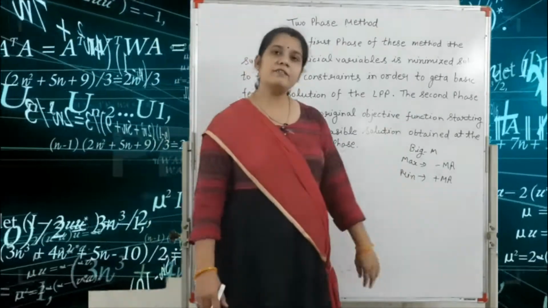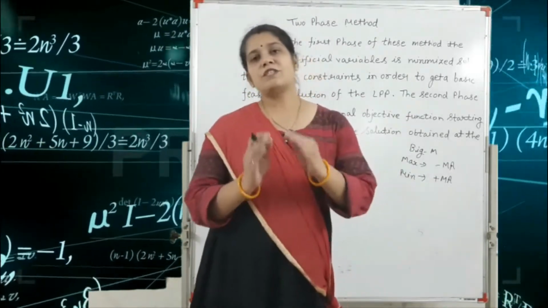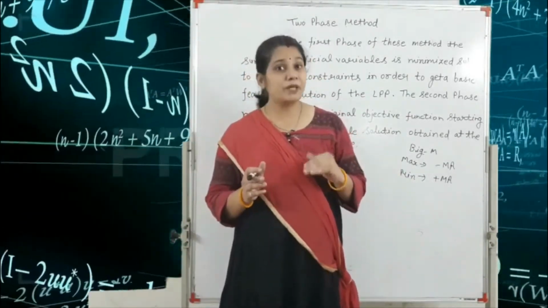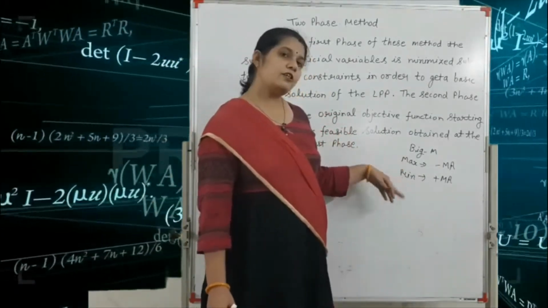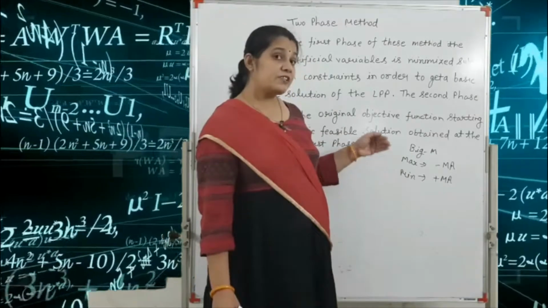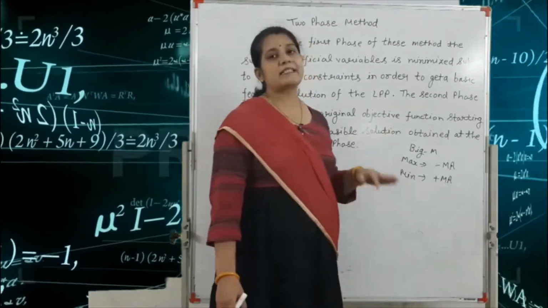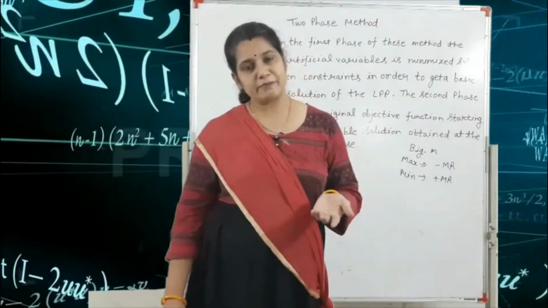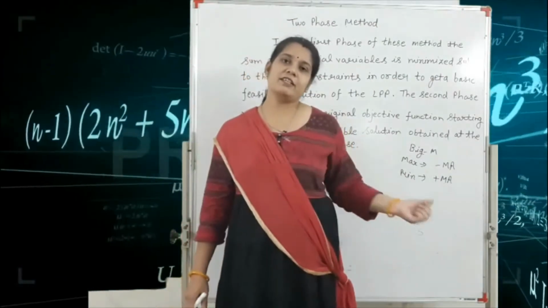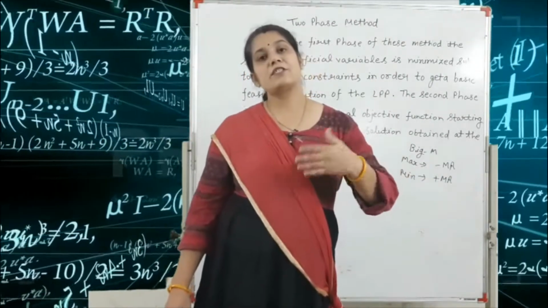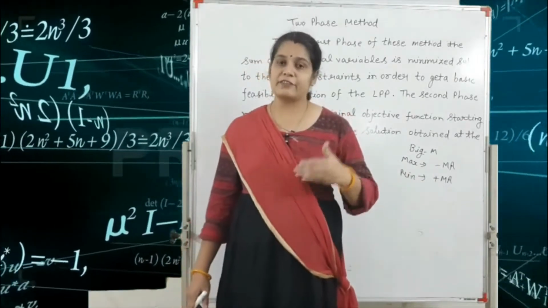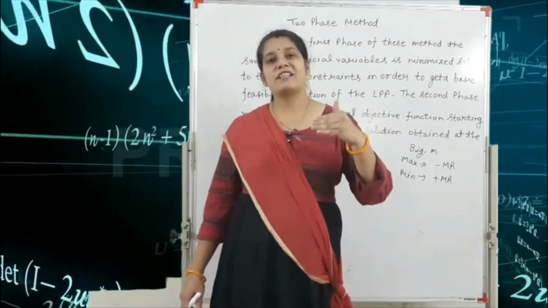If a question is given in minimization form, we solve by the minimization process. But in the two-phase method, a question may be given in maximization or minimization form, but we solve only in the maximization format. That means if a question is given in minimization, first we convert it into the maximization form, and after that we solve by the two-phase method.